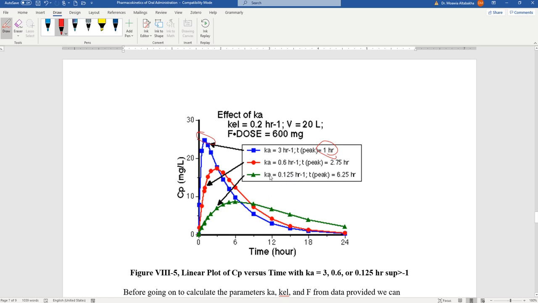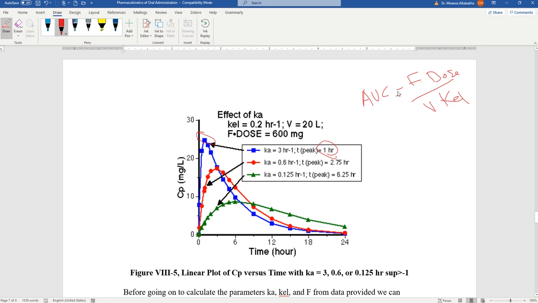The same thing here. Okay. Another thing I want you to note when you look at this graph of time and concentration is that the area under the curve has not changed. The area under the curve is the same. Do you remember what AUC is? Even in oral administration, AUC is equal to F times the dose over the clearance, which is V times Kl.